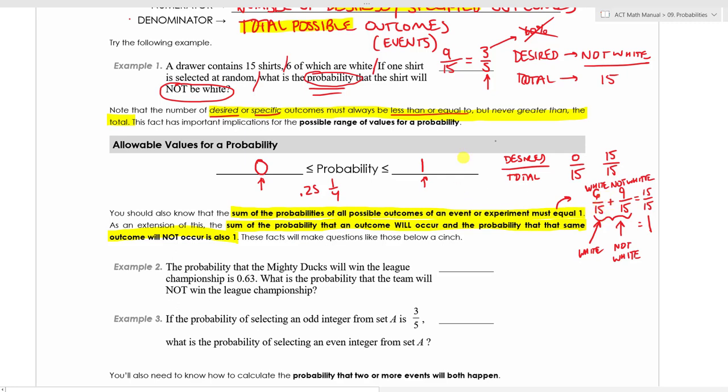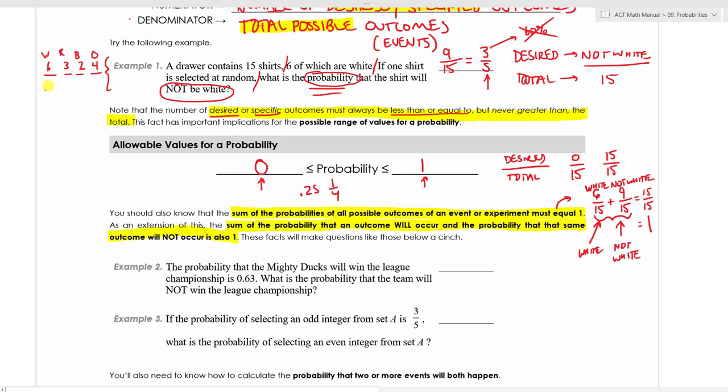And by the way, if we go back to this previous question, if we have 6 white shirts and then we have, let's say, 3 red shirts and then we have 2 blue shirts, so this is white, red, blue, that takes us up to 11. So maybe there are 4 orange shirts. I don't know who the heck would want to buy 4 orange shirts.